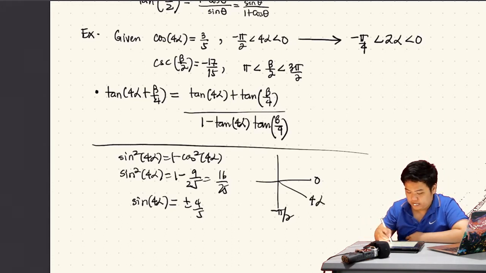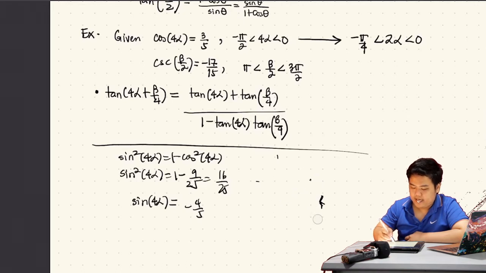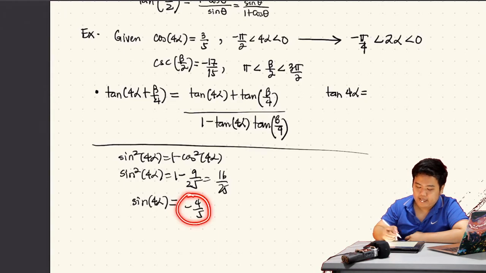So, siya ay nasa quadrant 4. This is 4 alpha. So, sa quadrant 4, sine is negative. So, this must be negative 4/5. So, mahanap na natin si tangent 4 alpha. So, tangent 4 alpha, dito ko na lang isusulat, is yung sine 4 alpha divided by cosine 4 alpha, which is negative 4/3.